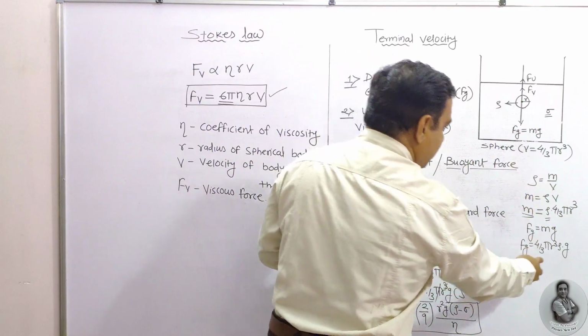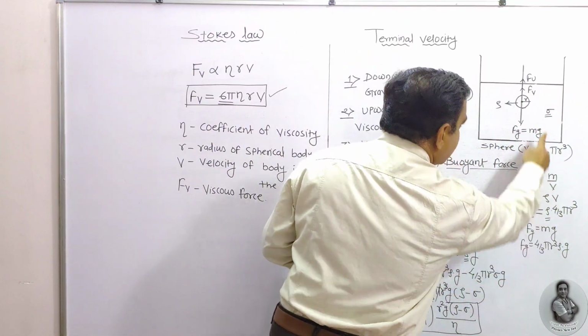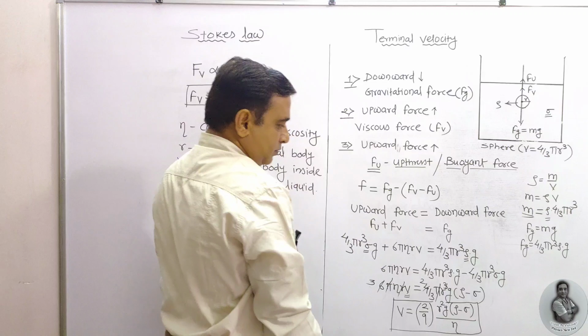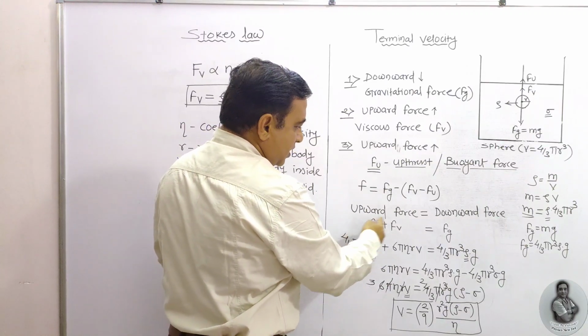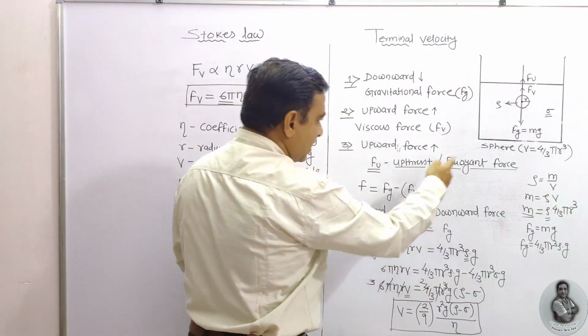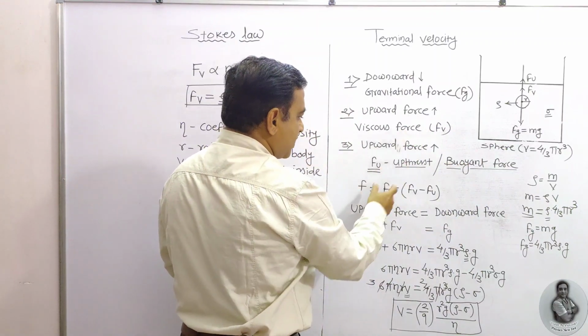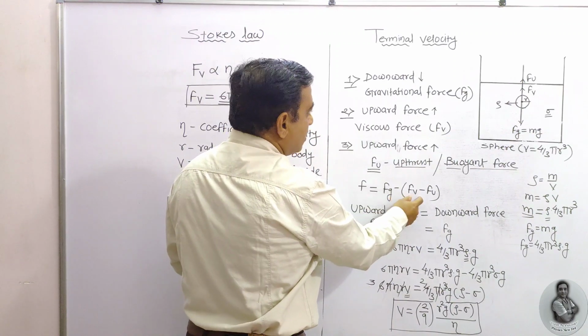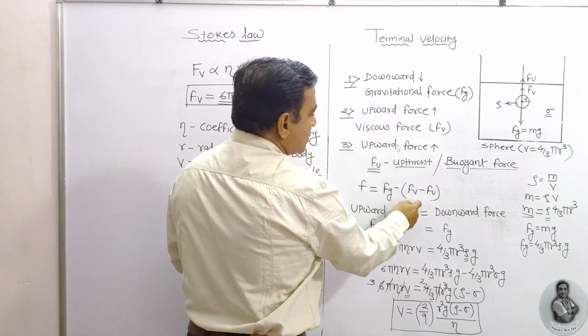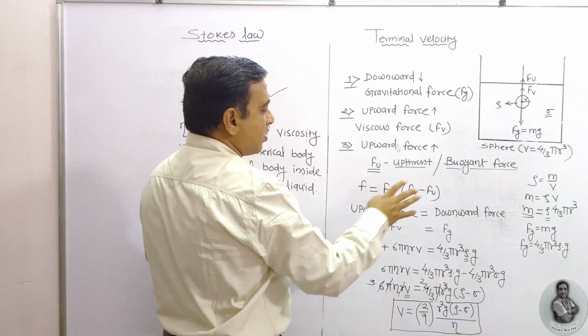So the only changing factor is that instead of rho, it is sigma. So we have substituted that. The upward force is equal to the downward force, and the net force acting on the spherical body is equal to gravitational force minus viscous force minus upthrust or buoyant force.